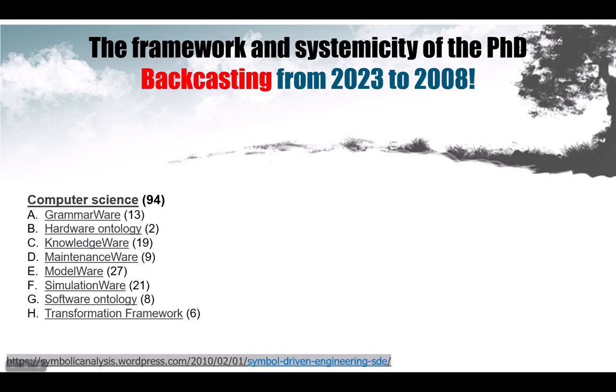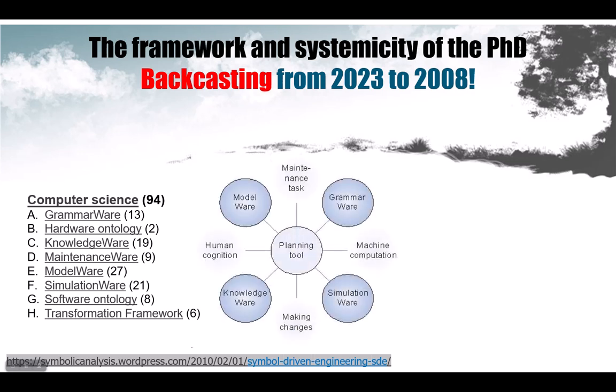This WordPress site is named Symbol-Driven Engineering, SDE. It's written by me, and there are about 100 articles about core computer science, and those definitions are from the thesis, as they were earlier, and drawing as a framework for this work.